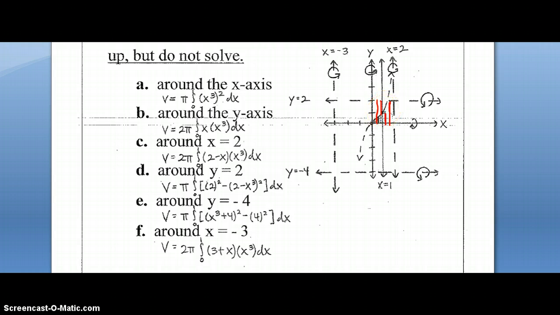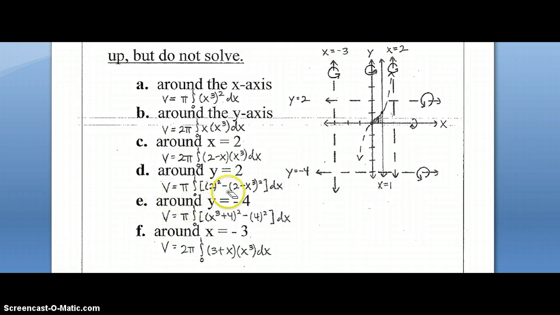So for a washer, we do pi times the integral from 0 to 1, because our region is still the same, of our outer radius, 2 squared, minus our inner radius, 2 minus x cubed squared, and then of course dx.